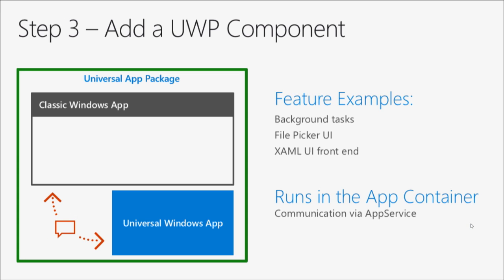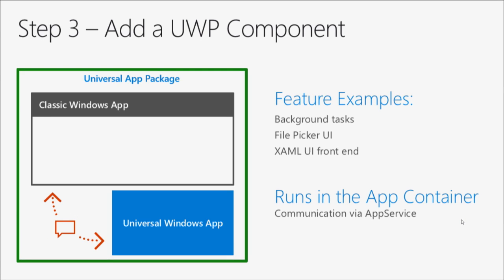So you can go into Visual Studio and create a new universal component, and say, okay, great, this component implements the file picker contract, or it implements the share contract. You can write all of that code and immediately start getting your modern XAML code into your application, even though you haven't converted all of it yet.